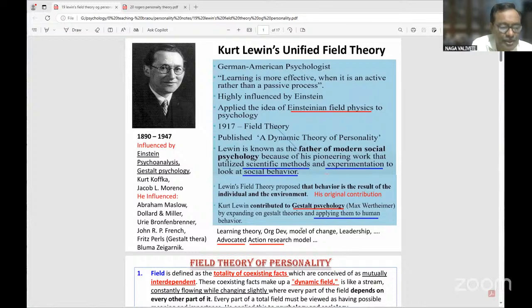And Bronfenbrenner has also given a topographical presentation of human personality. That is very interesting. Then Perls is the person who gave Gestalt therapy to the world. Many places it is used. Zeigarnik, anybody having an idea about Zeigarnik?